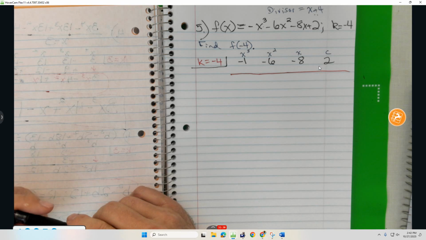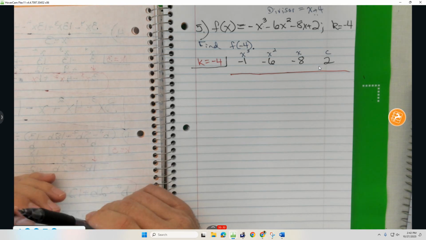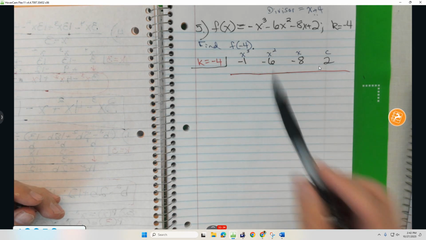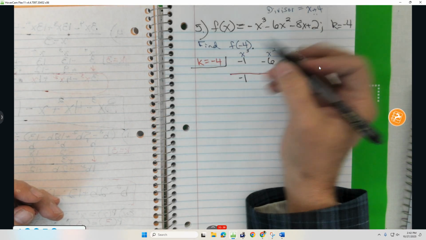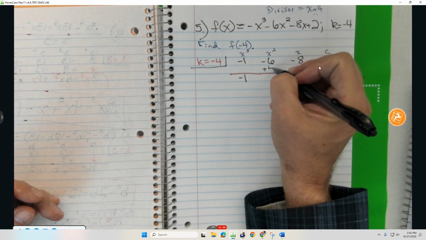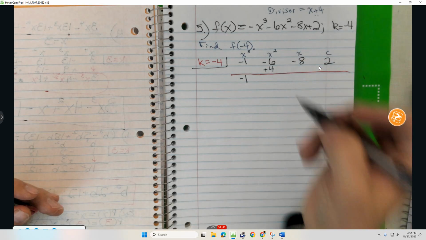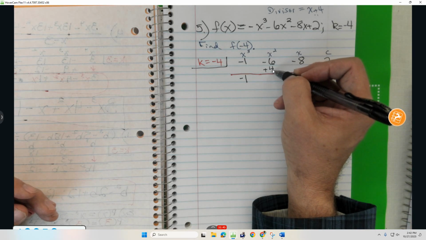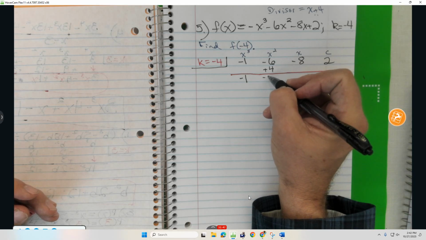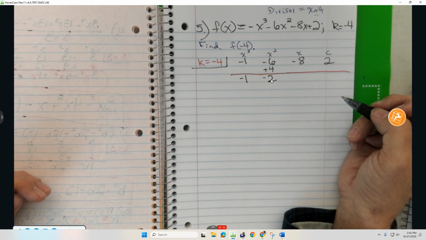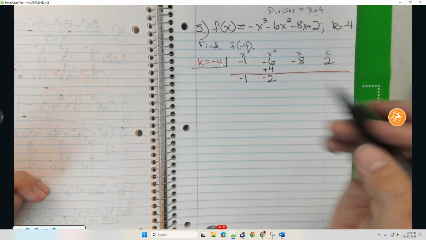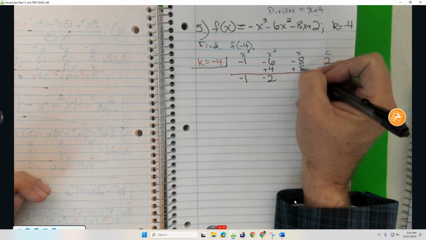And what do we do next? Bring down the negative 1. Times negative 4 gives me a positive 4. Negative 6 plus 4 gives me a negative 2. What do we do with the negative 2? Times negative 4, that gives me a positive 8.